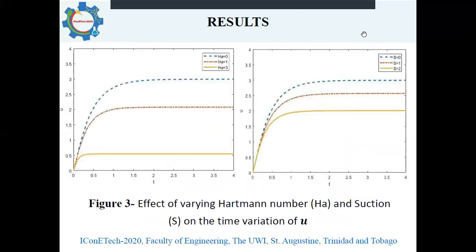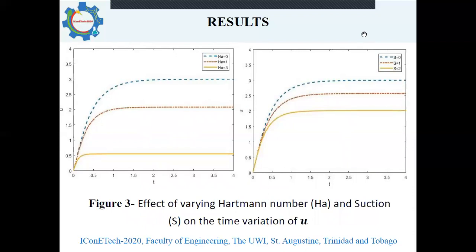Figure 3 shows the effect of varying Hartmann number and the suction on the time variation of u. The first diagram shows the effect of the varying Hartmann number. Here, as the Hartmann number increases, our velocity decreases. This occurs due to the magnetic damping force on velocity u increasing.